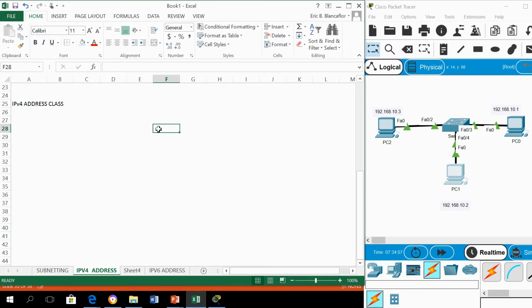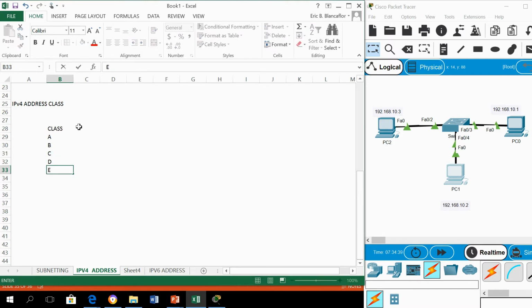These are organizations in the US. They're the ones holding the IPv4 and even IPv6 addresses. And one means for them to manage IP version 4 addresses is that they came up with classes. We have 5 classes of IP address: class A, B, C, D, and E.